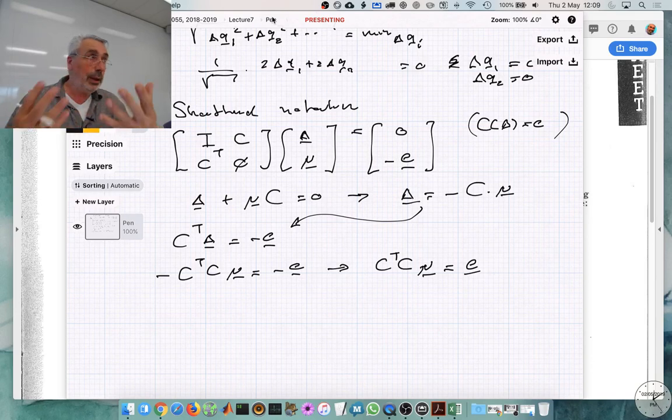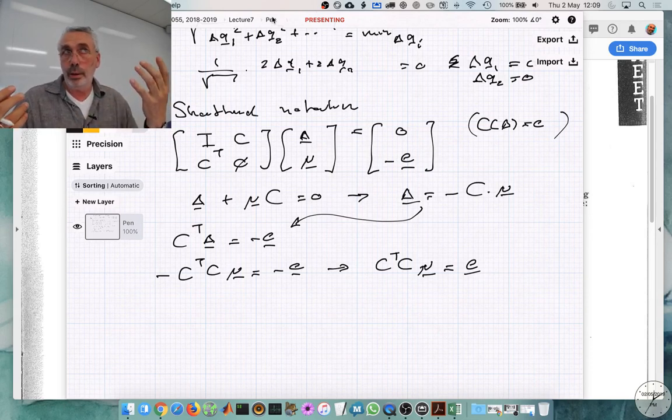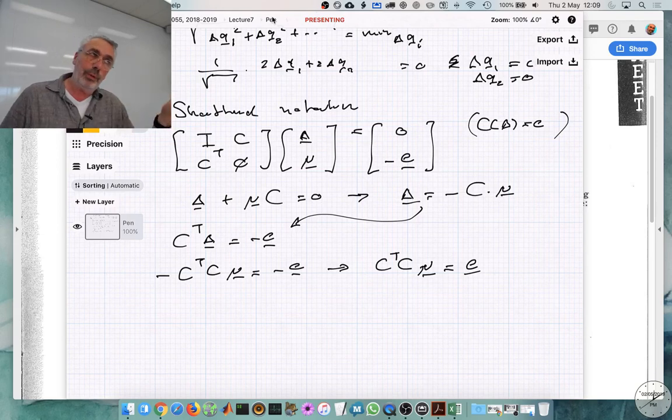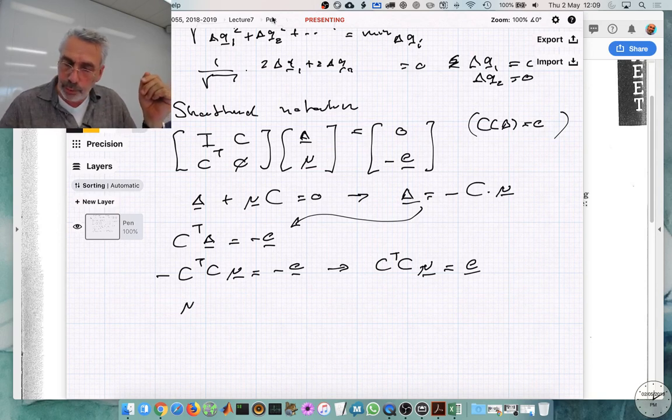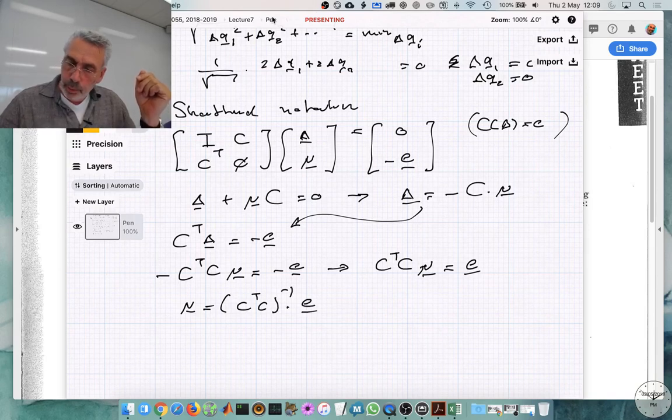And since there are no dependent rows in C, C transpose times C should be a regular matrix. It's only rank deficient when C is rank deficient. But if the constraints are all independent, then C transpose times C is a matrix which you can solve. So we can write mu is C transpose C to the power minus 1 times E. And then what is our delta?